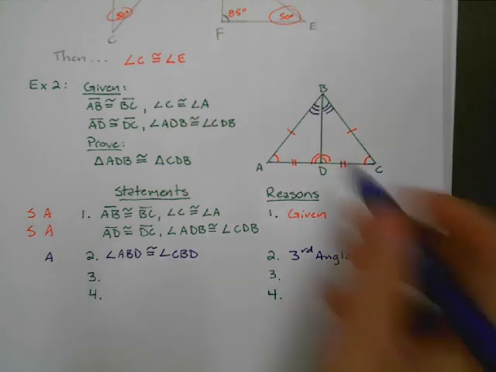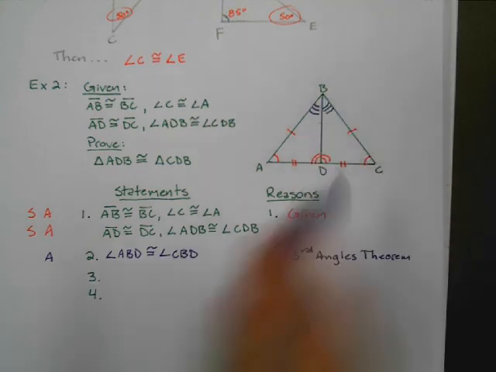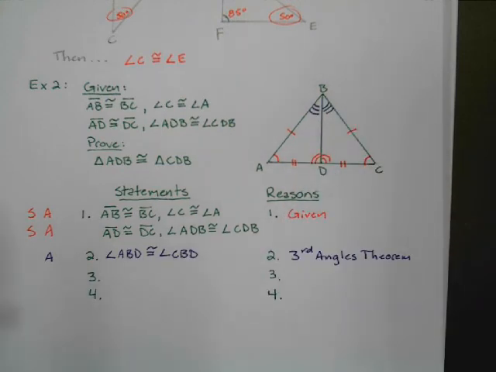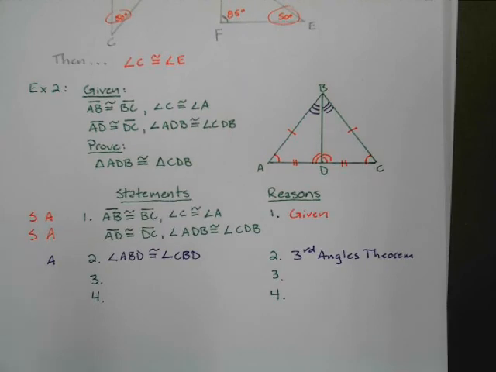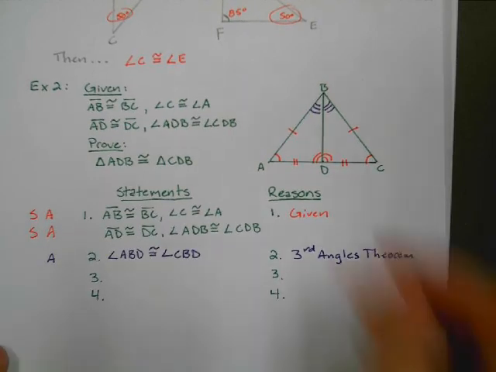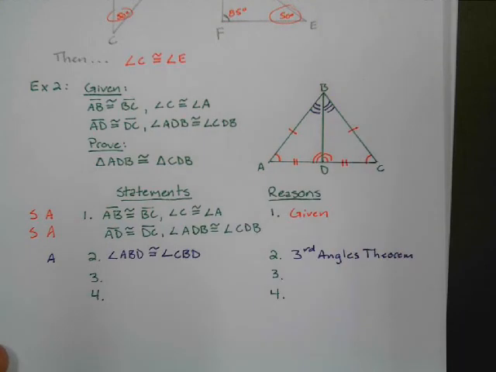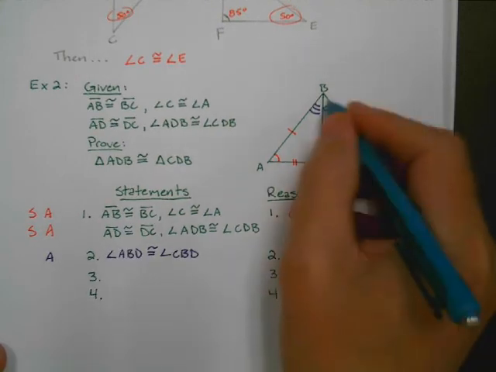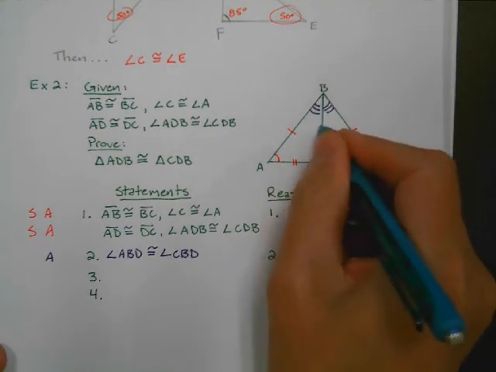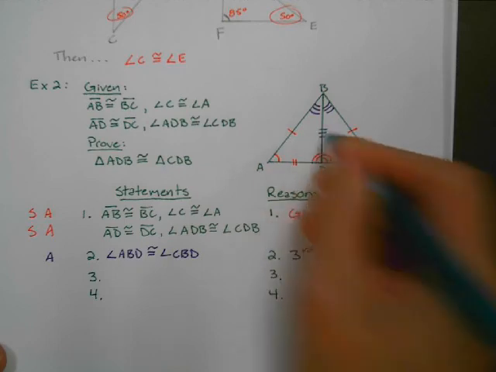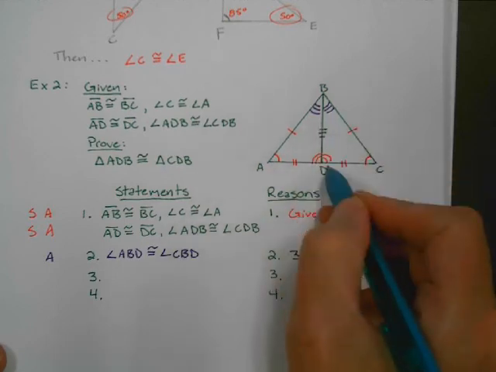So I need to prove that BD from, let me change colors so it can look pretty. I think this is a good one. All right, I need to say that BD on this side is the same thing as BD on that side.